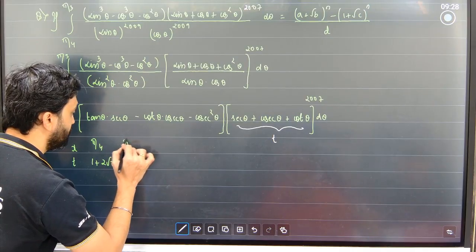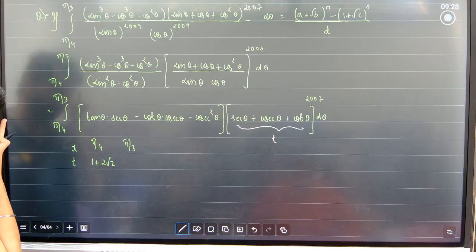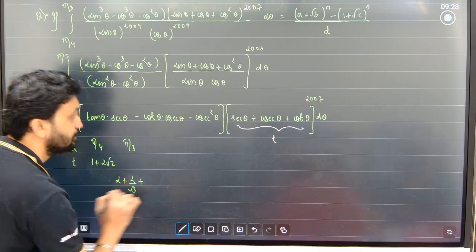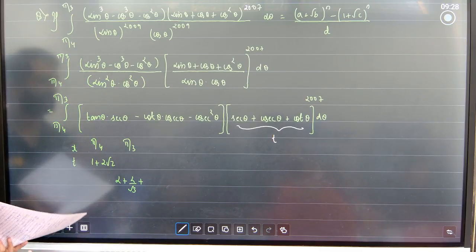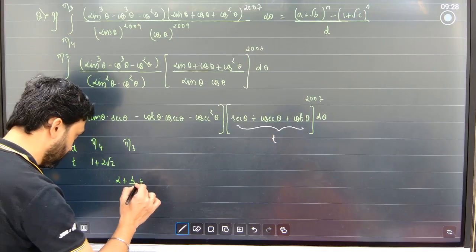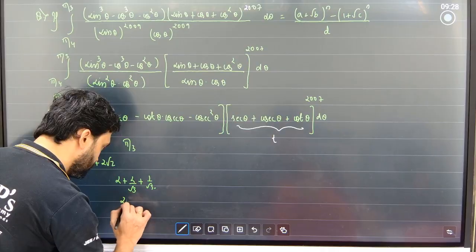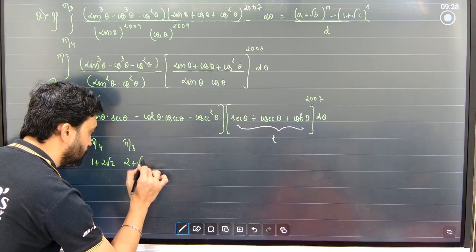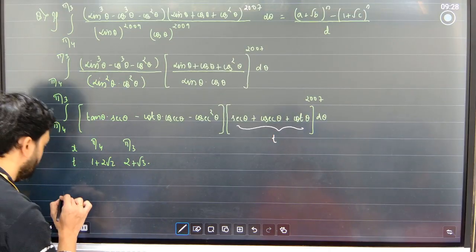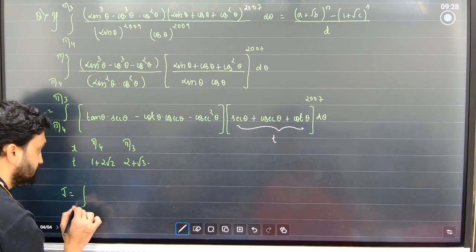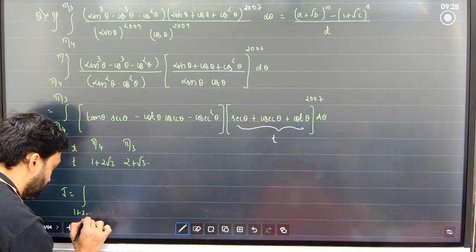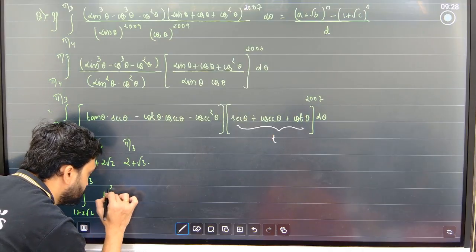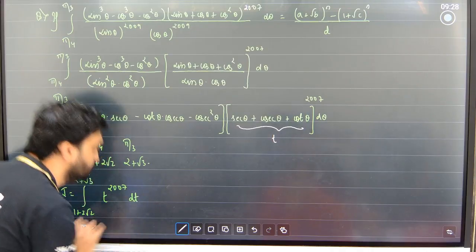Now I'll put pi by 3. Sec pi by 3 is 2, cosec pi by 3 is 2 by root 3, and cot 60 is 1 by root 3, which will become 2 plus root 3. So my question will become I is equal to the integral from 1 plus 2 root 2 to 2 plus root 3 of t raised to 2007 dt.